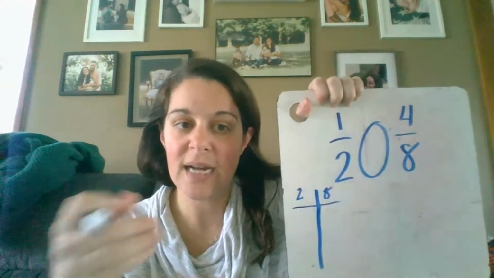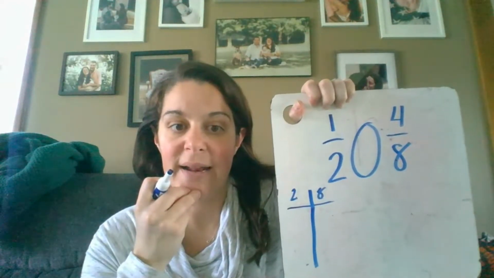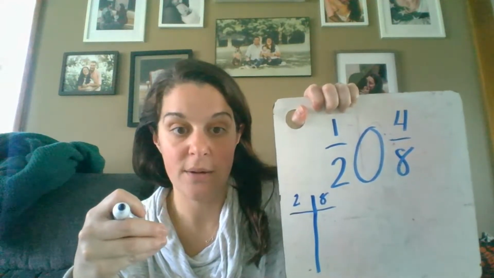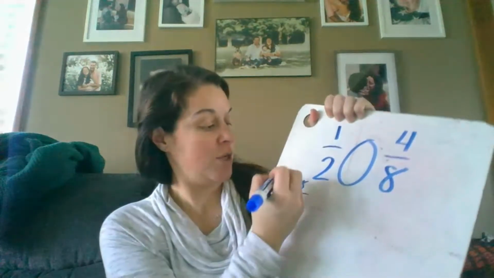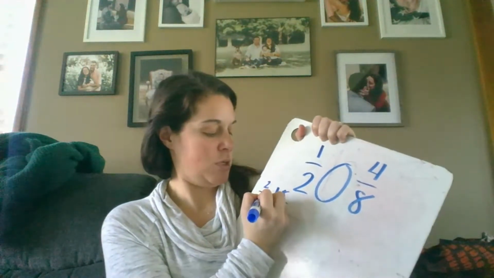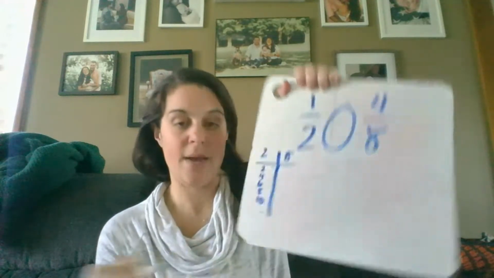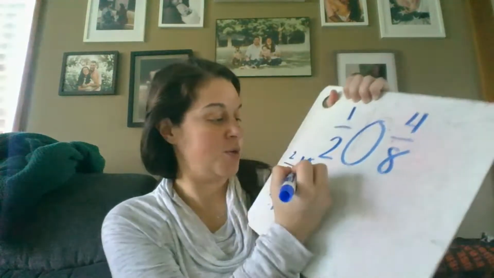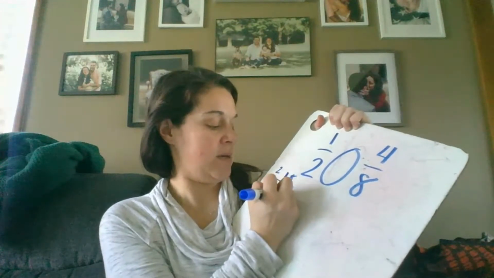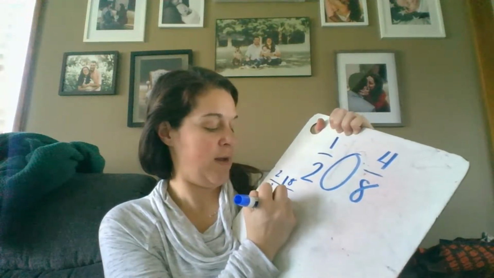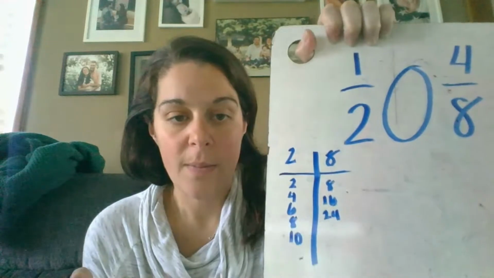And when I'm finding a common denominator, I am just going to use my multiples, okay? So let's count by twos: 2, 4, 6, 8, 10. I'm going to stop there, okay? Let's do eights: 8, 16, 24. I'm going to stop there, okay?